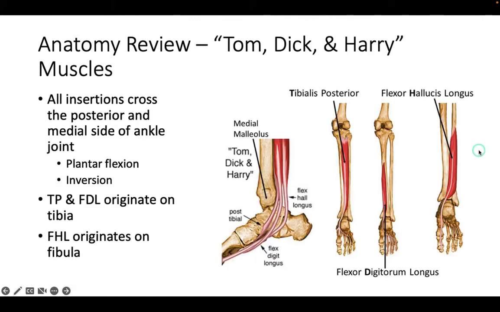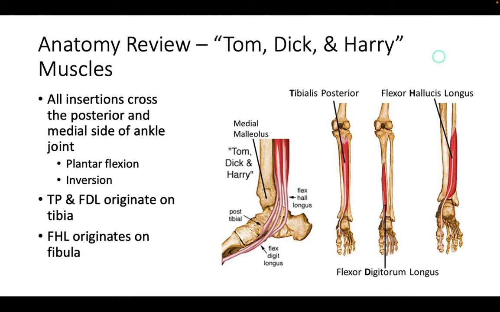Then I'm going to review, as you might have heard this euphemism in your anatomy or movement anatomy classes, the Tom, Dick, and Harry muscles. These muscles are grouped up. T stands for tibialis posterior, D stands for flexor digitorum longus, and H stands for flexor hallucis longus. The reason these muscles are grouped is because their insertions are pretty similar.